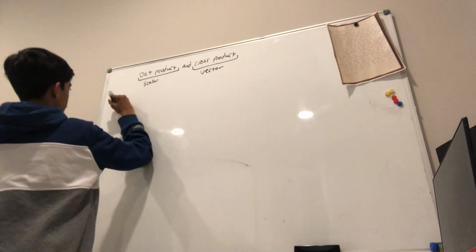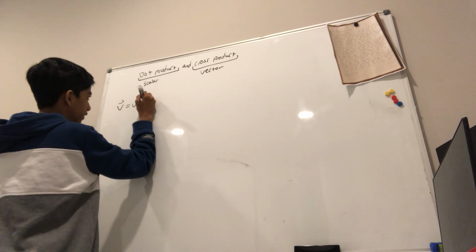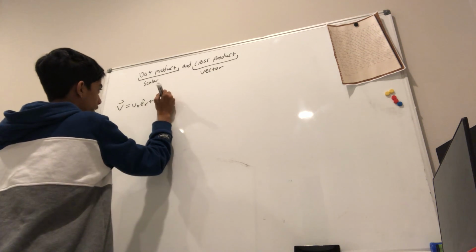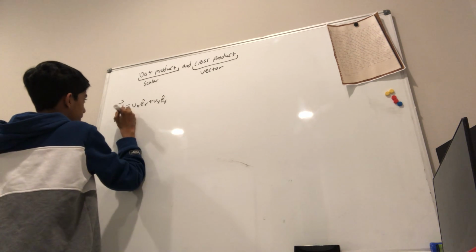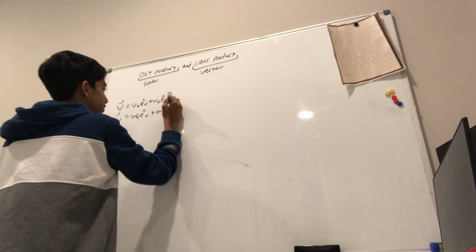And let's say we have this vector v again is equal to vx e hat x plus vy e hat y. And it's the same for w, wx e hat x plus wy e hat y.